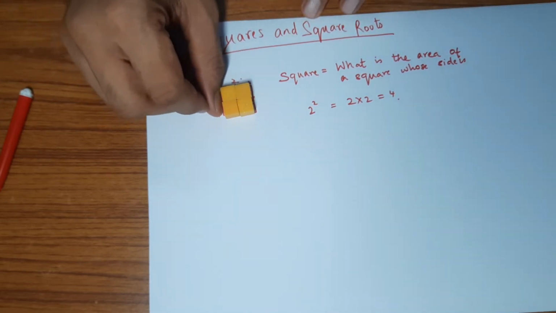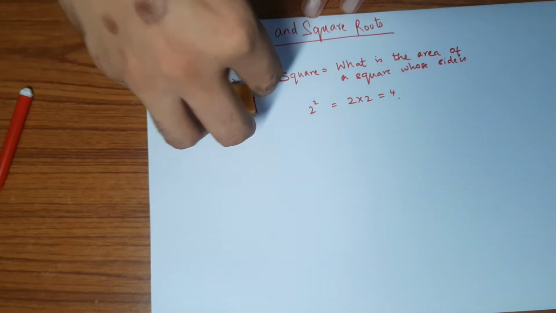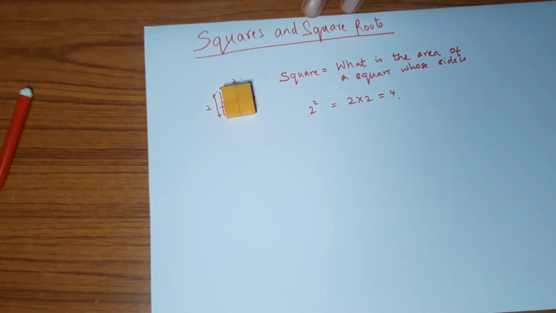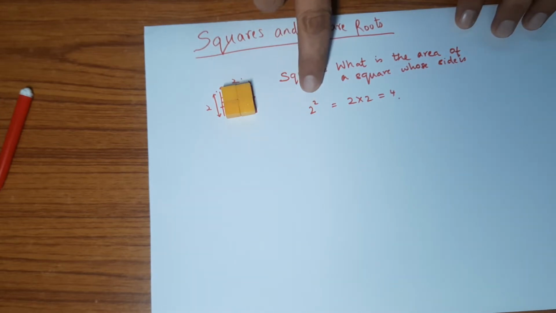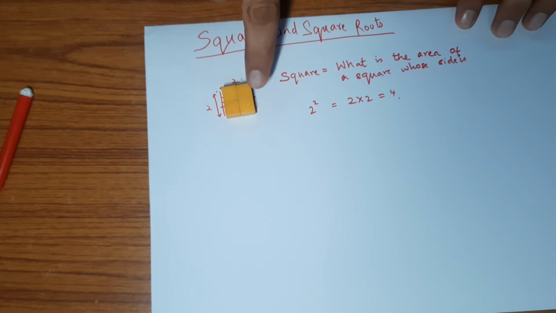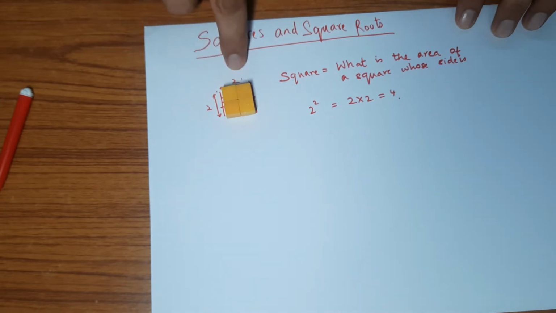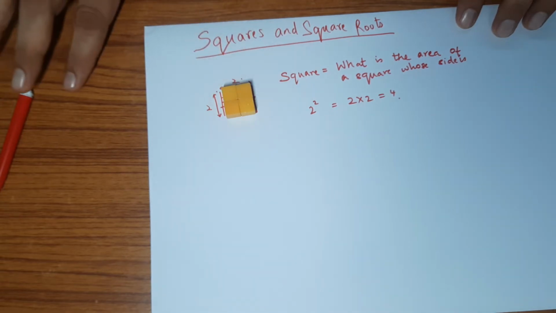So the 2 squares that I had drawn cover 4, there are 4 blocks you can put on top of the 2 squares. So the area is the definition of square. So 2 square is how many of these cubes will fit on top of that square that we have created with each side 2. That is its definition.